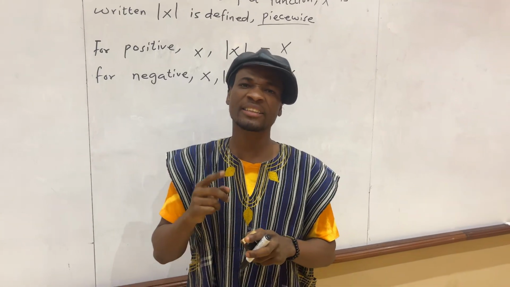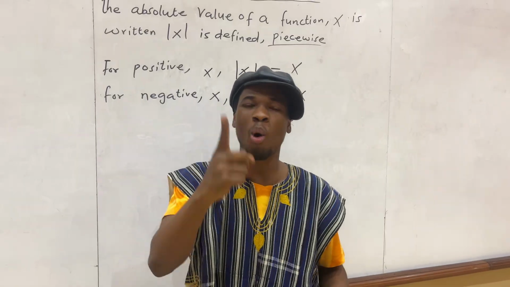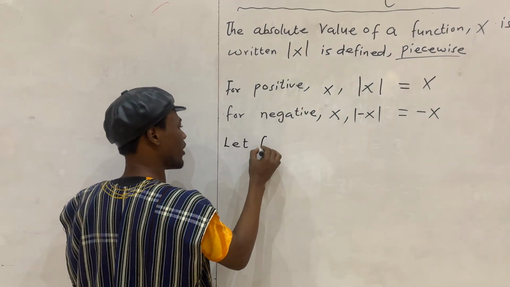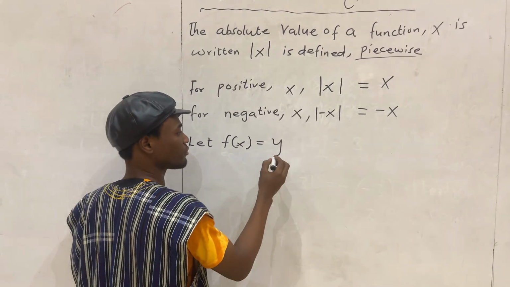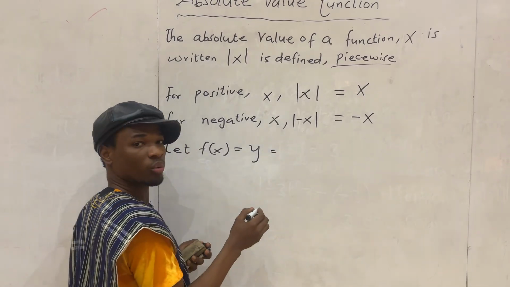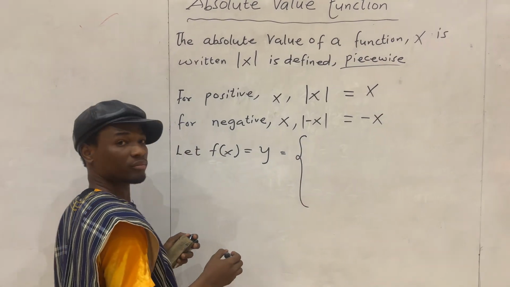And each sub-function is valid when, let f of x be equal to the function y, this way. So we know that a piecewise function is denoted this way.